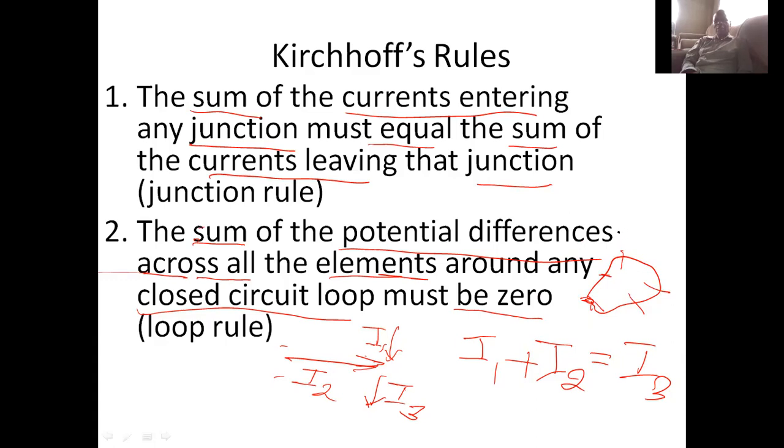In other words, this is voltage 1, this is voltage 2, this is voltage 3, this is voltage 4. You add them together, and the sum of them should be equal to 0. That is what these two basic rules mean.